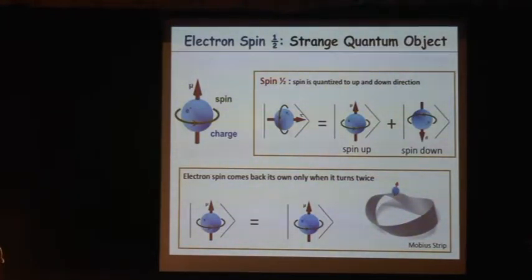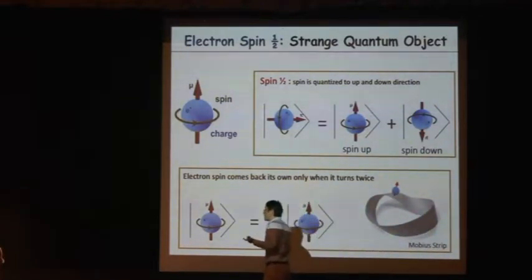You will find that the electron will not come back to its own, but the direction of the spin is opposite even if you make the 360 degree turn, the same way that I just described. However, if you make another turn, then it comes back to its own, right? So precisely this tells us that electron spin carries some intriguing topological structures that relate to this type of physics, right?